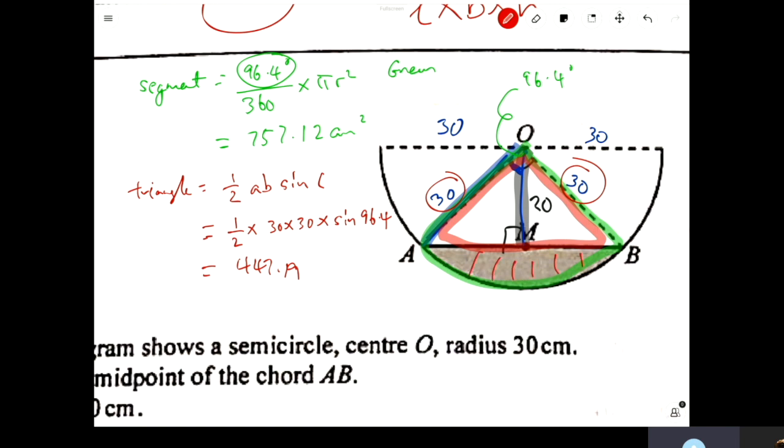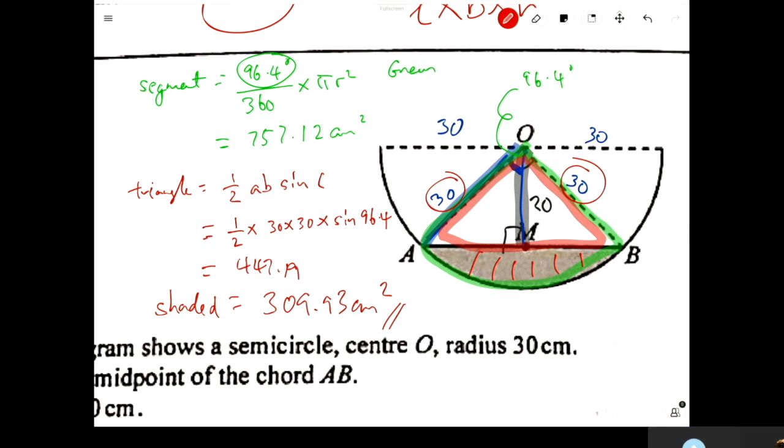So now we do a minus, because the shaded part is there. So shaded equals 757 minus 447, and we get 309.93. The green color part is a minor sector, right?